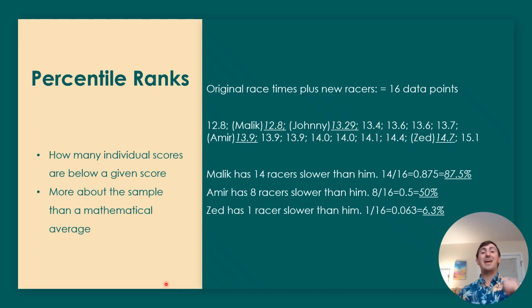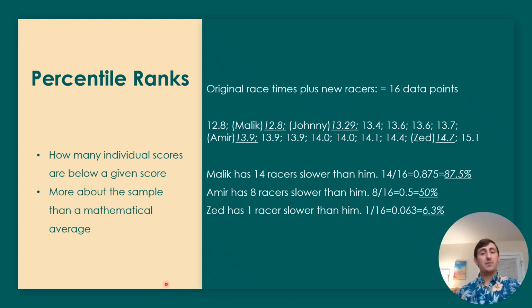So if you think about SAT scores, a lot of people say, well, I scored in this percentile. What does that really mean? Think of that as I scored better than 87% of the people who took this SAT across the nation. Or if you scored in the 50th percentile, that means you're in the dead center of the race, right? 50% of the people who took the SAT scored below you.